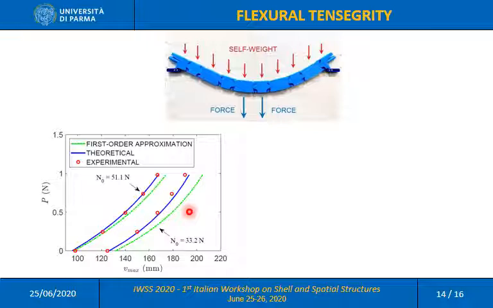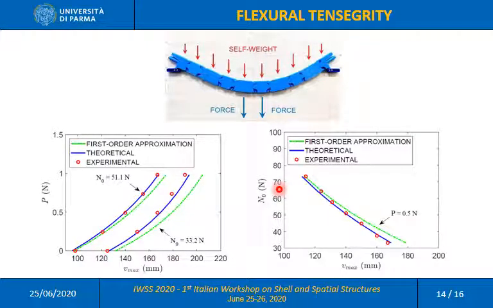In this second graph, we show again the maximum sag V_max as a function now of the initial pre-stress N0 for a given applied load, each one of these two forces equal to 0.5 Newton.